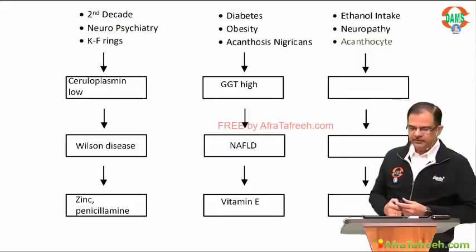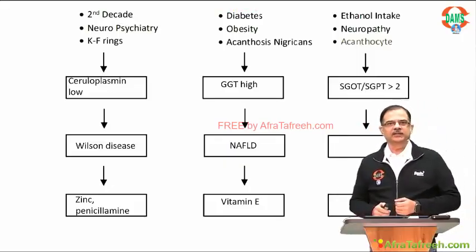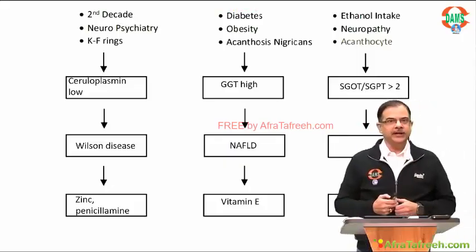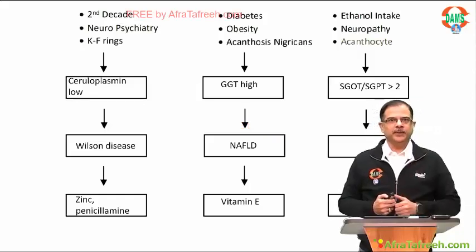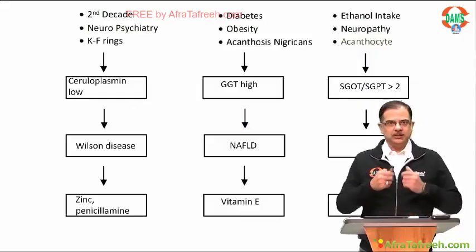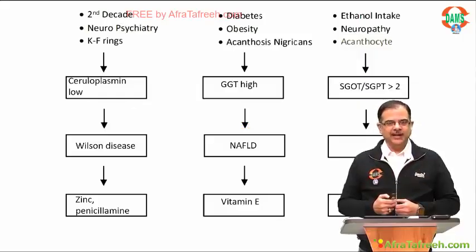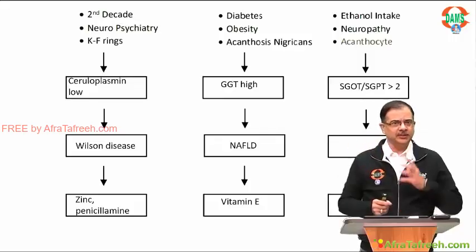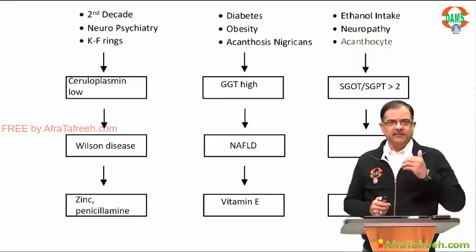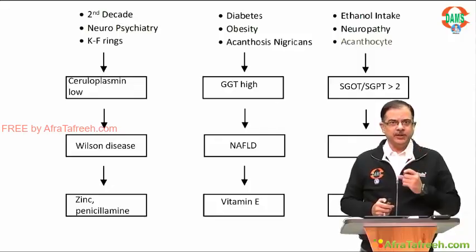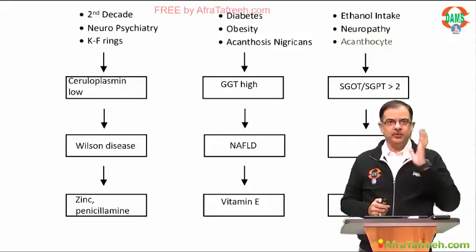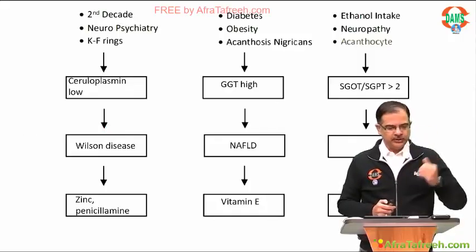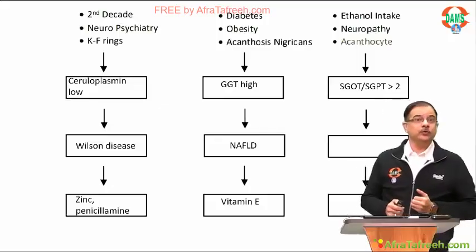The fifth is a patient who has ethanol intake, neuropathy features are present, and on peripheral smear, acanthocytes, RBCs which have irregular spikes, are seen. When we look at the simple ratio, SGOT upon SGPT, this ratio comes out to be more than 2.